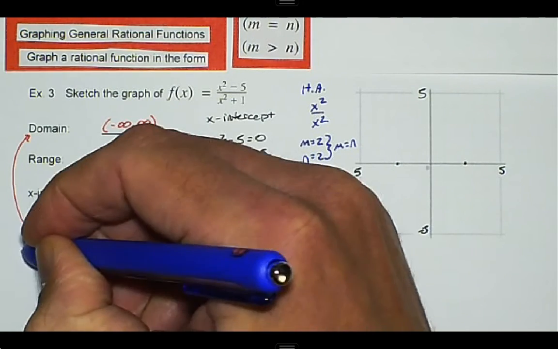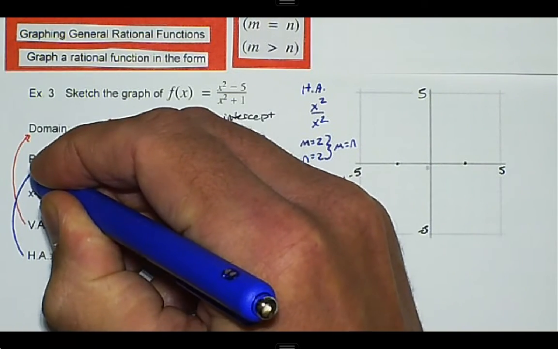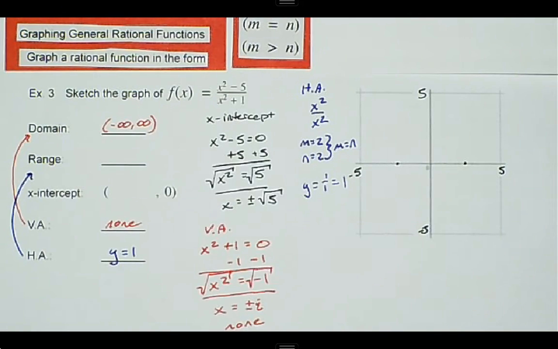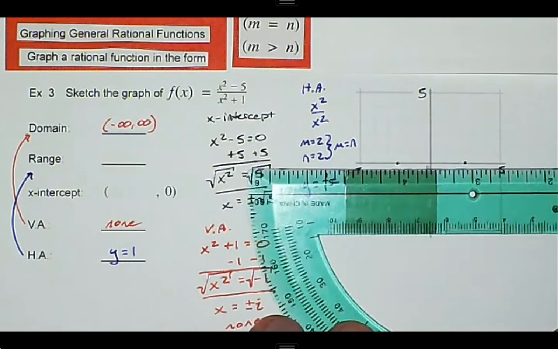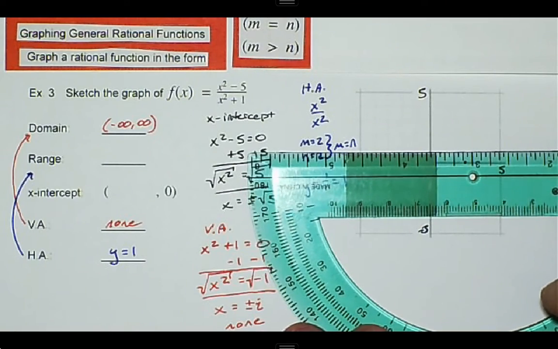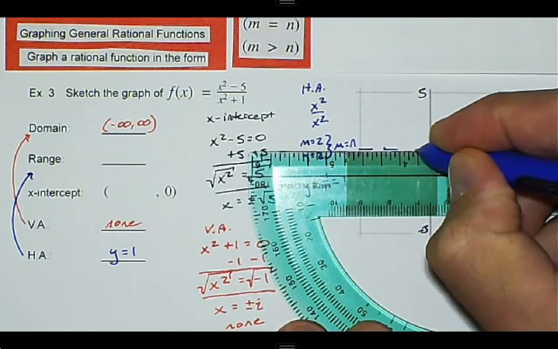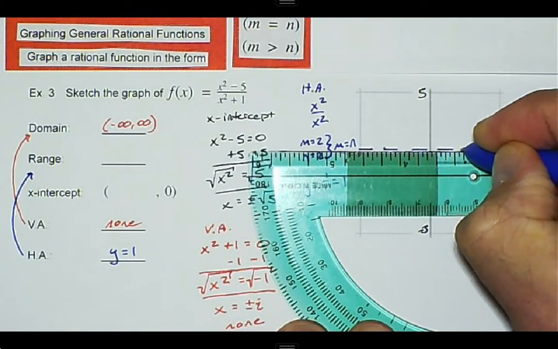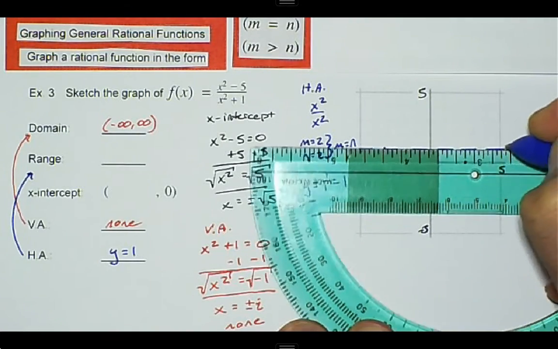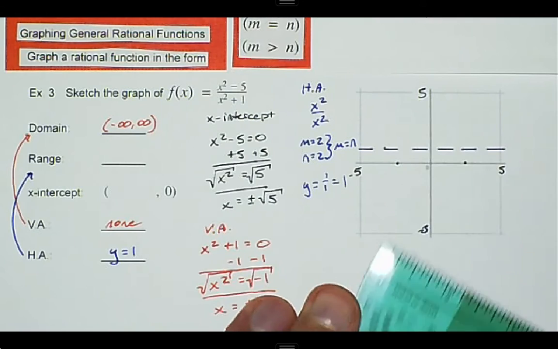And this tells us part of our range. I guess we'll have to wait and see. So y equals 1. We can sketch that. All right.